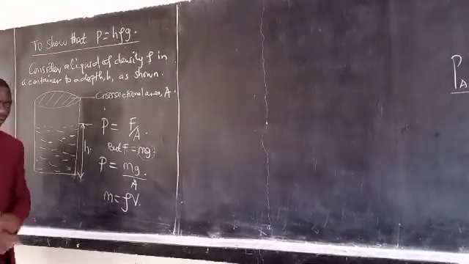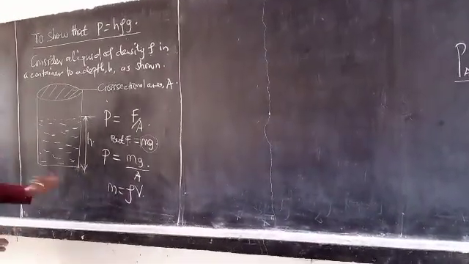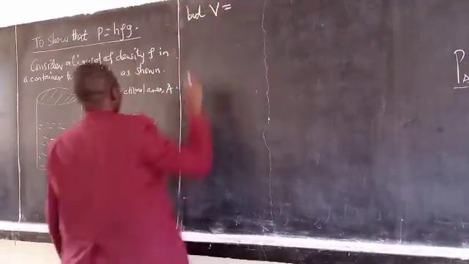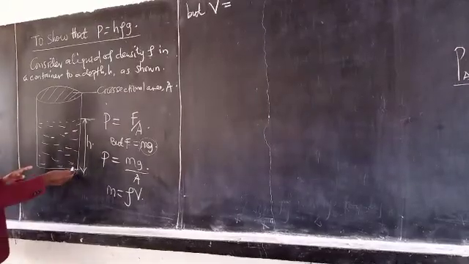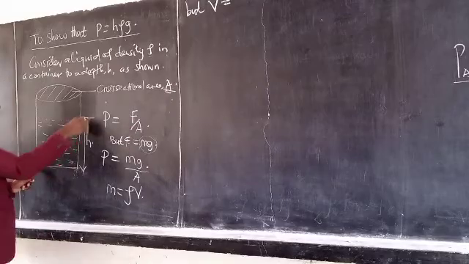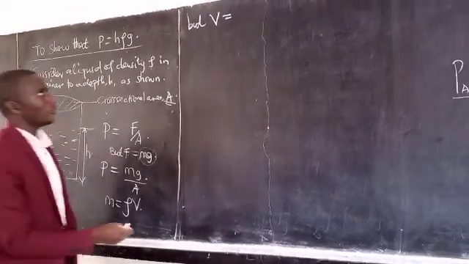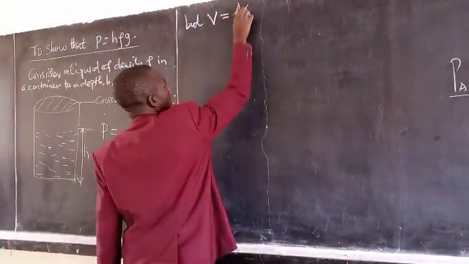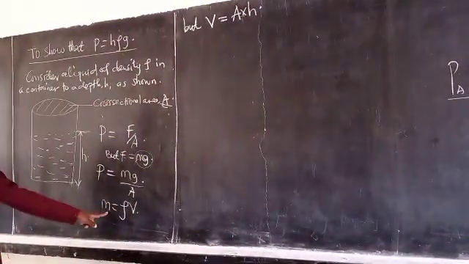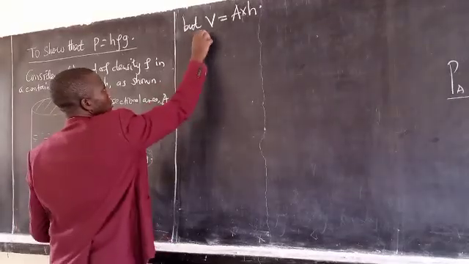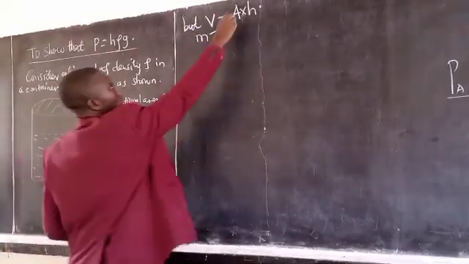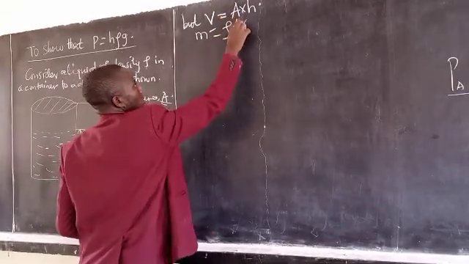But what is volume? It is the base area, which is A, times this height. So our volume is area times height. So what is mass? Mass equals density times volume, which is A times h.